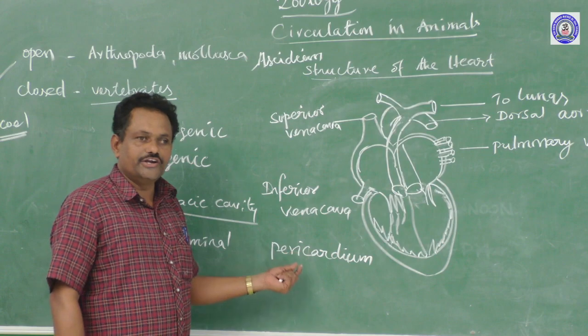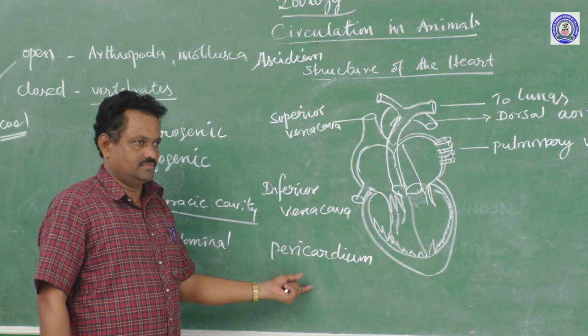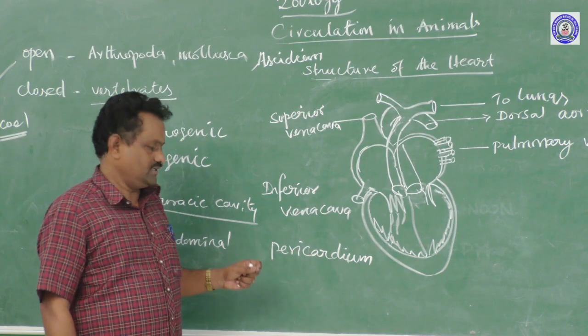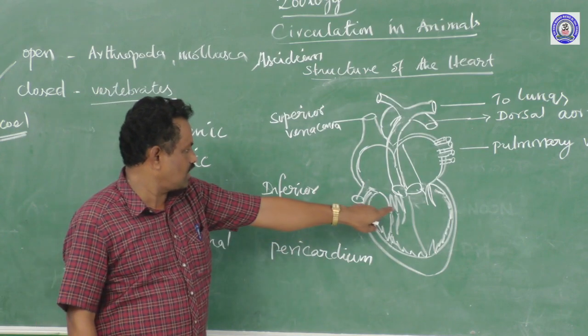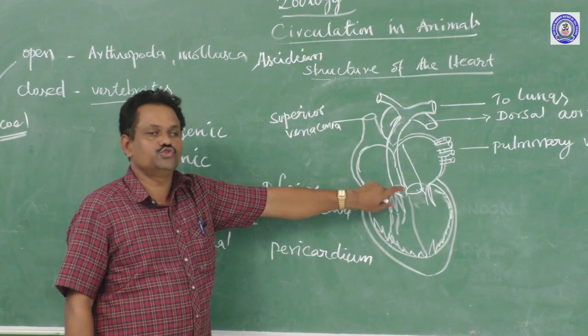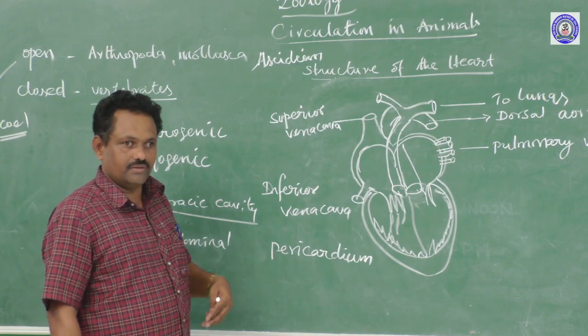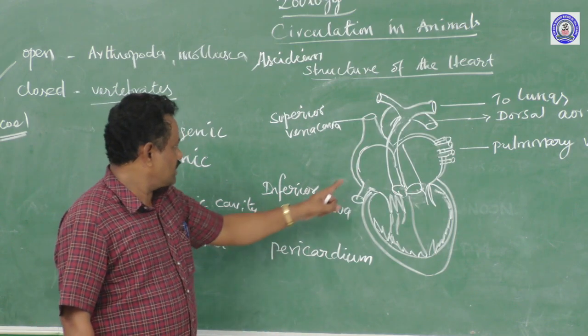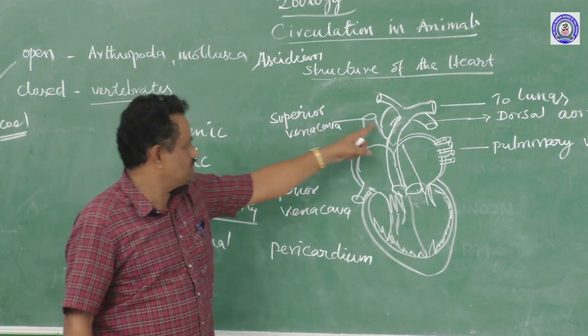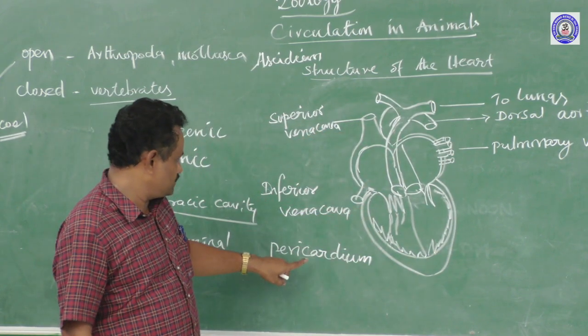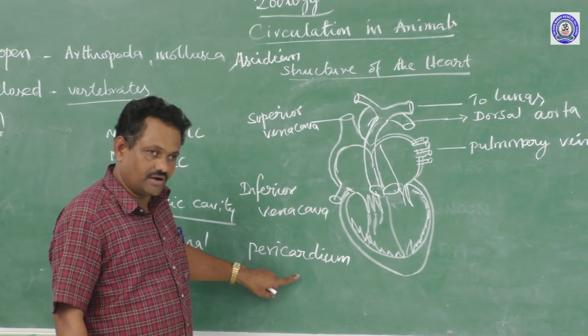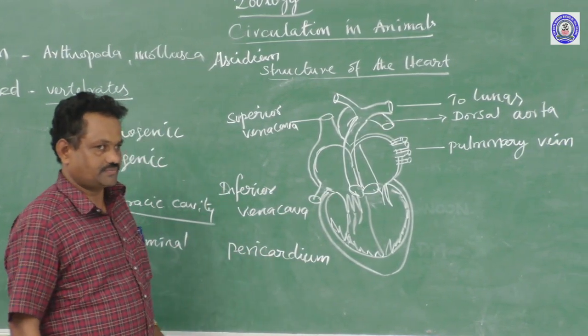One, it reduces the friction in the heart's functioning. Second, it protects the heart from mechanical injury. So while running, moving, jumping, or playing, the heart muscles are not damaged because of the pericardial membrane and the pericardial fluid.